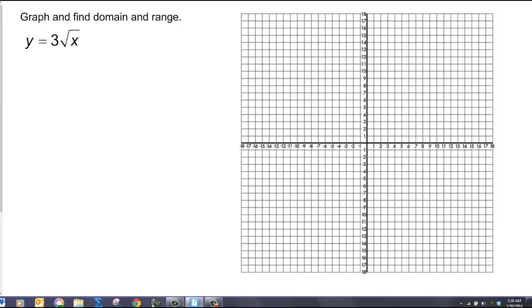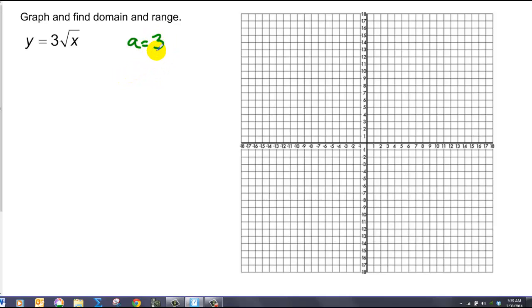Now you'll notice in this next graph, the only thing that is affecting this graph now is this 3, and the 3 happens to be out in front. I have nothing under my radical sign or outside adding or subtracting to my radical sign. So what this says is my a value is equal to 3.